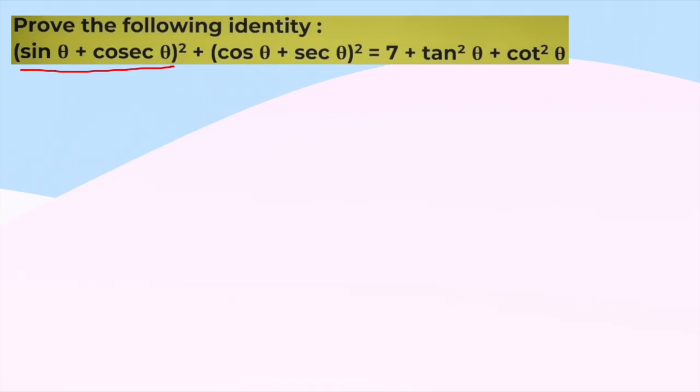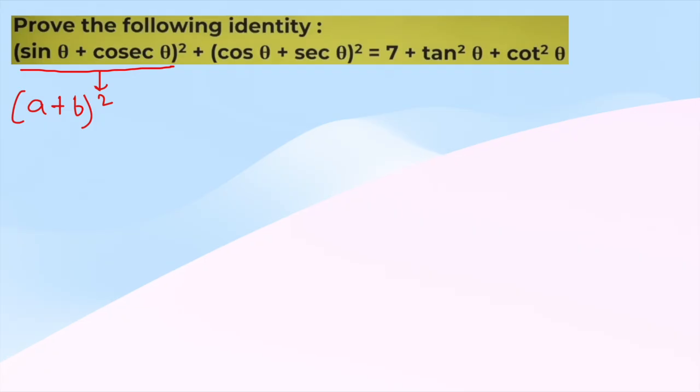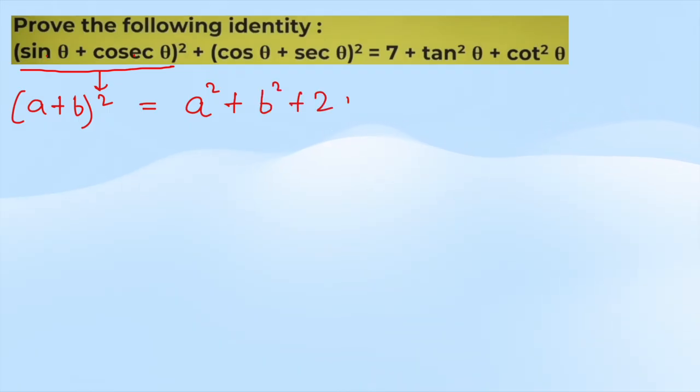So this one, a plus b the whole square. What is a plus b the whole square? Sine theta plus cosec theta. A plus b the whole square is a square plus b square plus 2ab. Right? Let's make use of it.